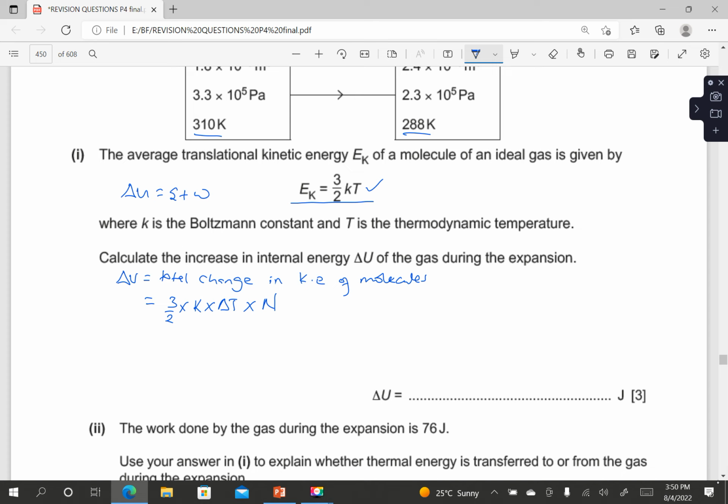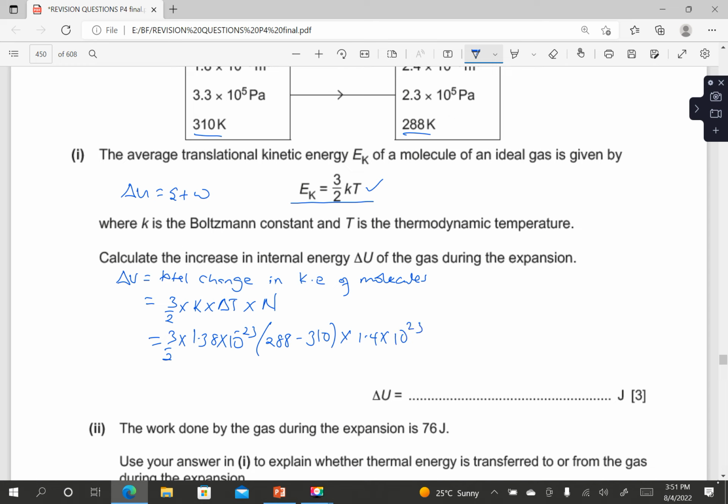Therefore, we can simply substitute here by saying this will be 3 over 2 times Boltzmann's constant, 1.38 times 10 power negative 23. The temperature changes from 310 to 280, so final temperature minus initial temperature, then times the number of molecules. We calculated them last time. It was 1.4 times 10 power 23.